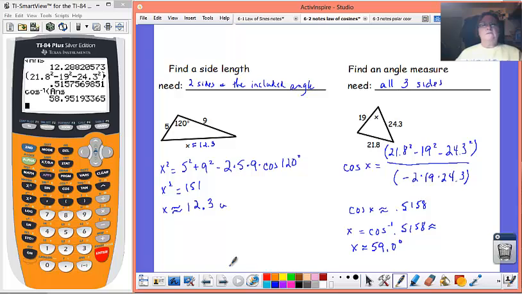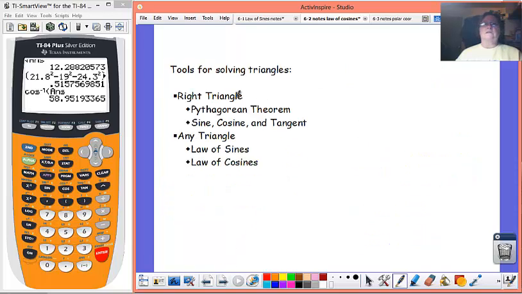So that's it for our lesson today. I just want to remind you in closing that we have several tools for solving triangles. If we have a right triangle, we can use the Pythagorean theorem, of course. SOHCAHTOA, or right triangle trig, work in right triangles.